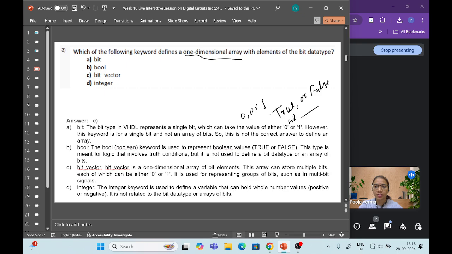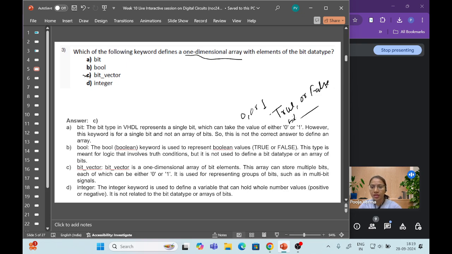It is not related to an array of bits. Okay, so option C is the correct answer, and I have given the description here, and it is also uploaded to the drive from where you can access it.